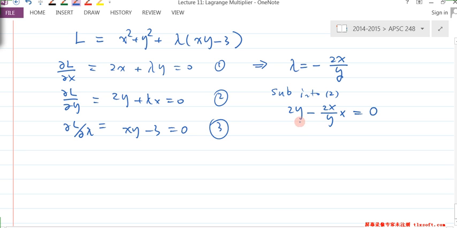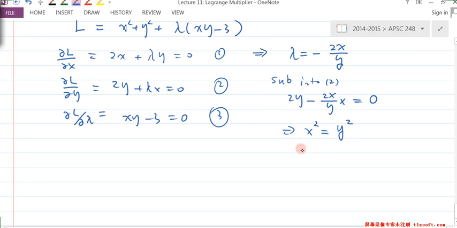So, for this one here, what do we end up with? X squared equal to y squared, right? Okay, that's a dilemma. X squared equal to y squared. What does that mean? Physically and mathematically, it means x equal to y or x equal to negative y.